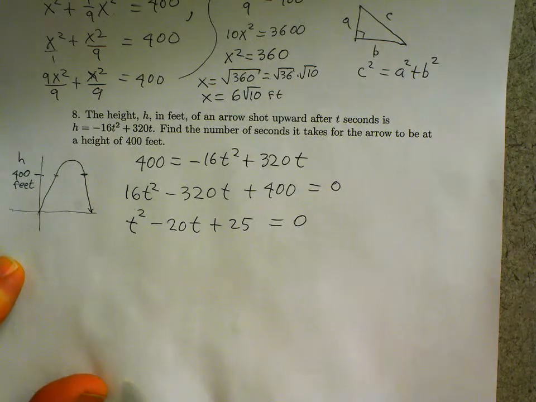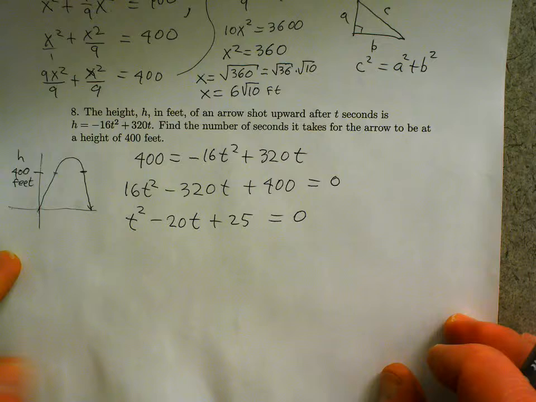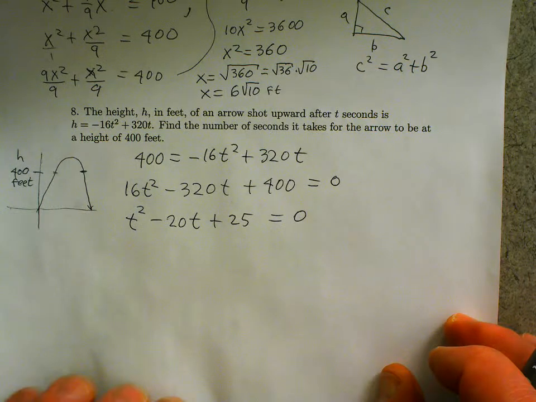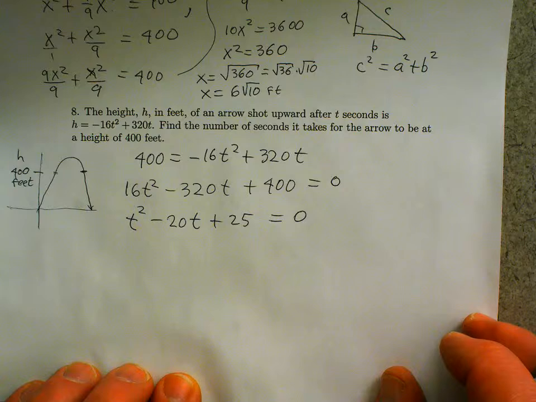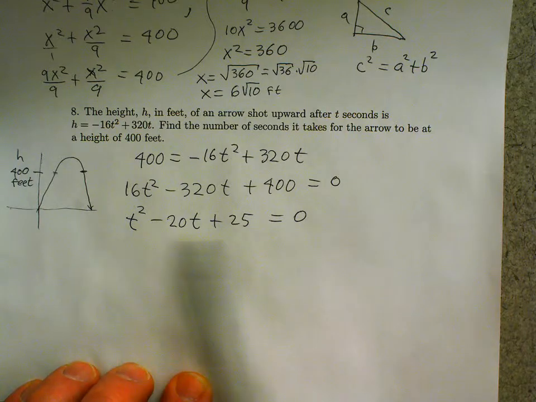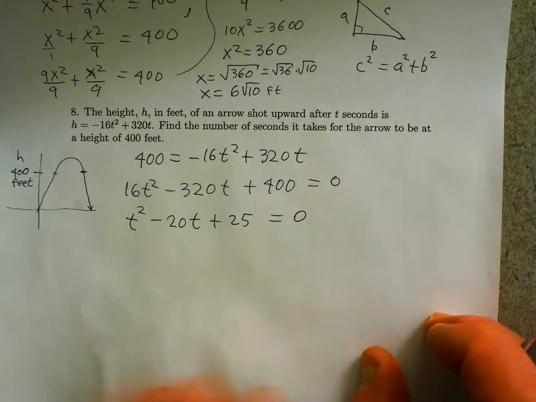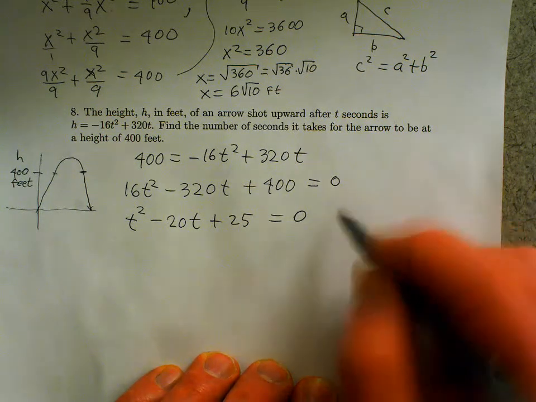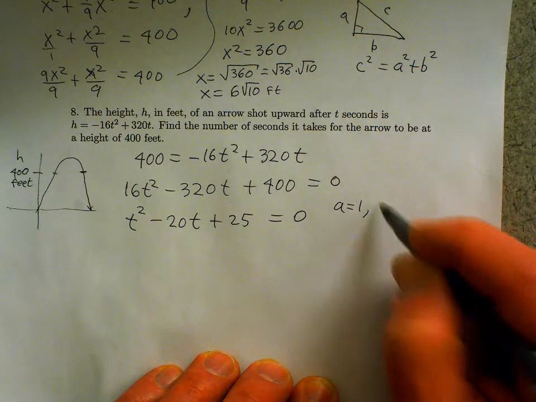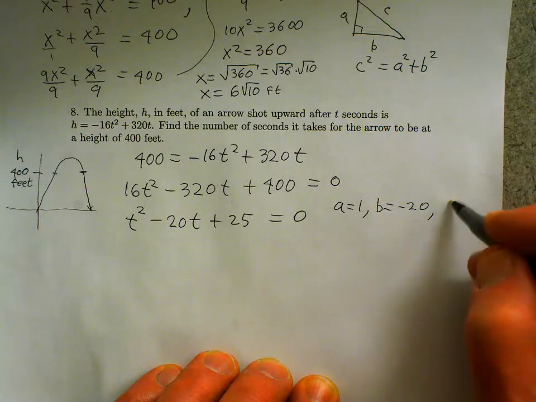Okay, now what? This is a quadratic equation in the variable t. So if we use the quadratic formula, a is 1, b is negative 20, and c is positive 25.